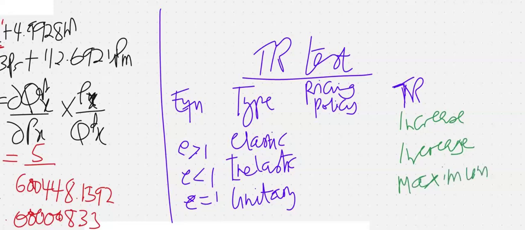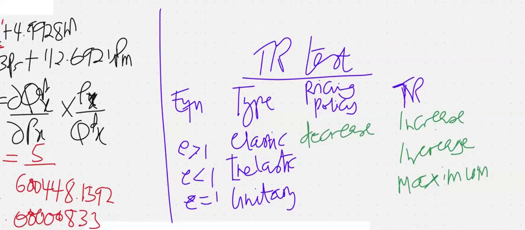That's unitary. So if the business aim is to increase revenue for both elastic and inelastic, if it is elastic, the business will have to decrease the price in order to increase revenue.